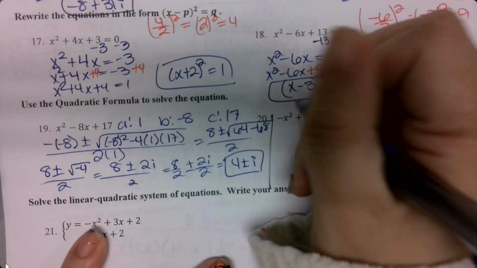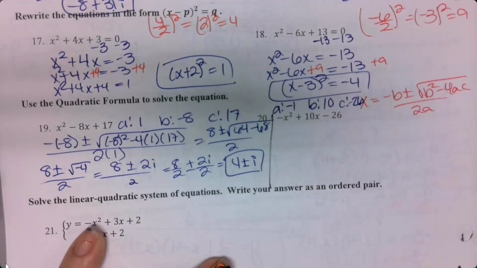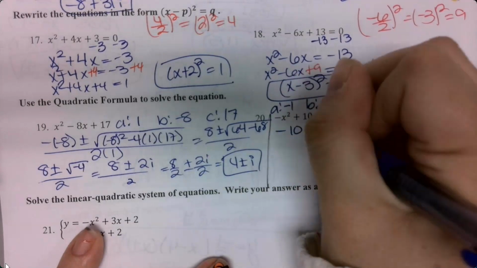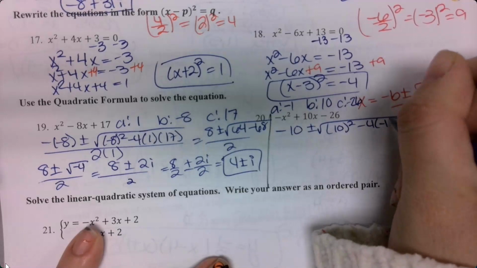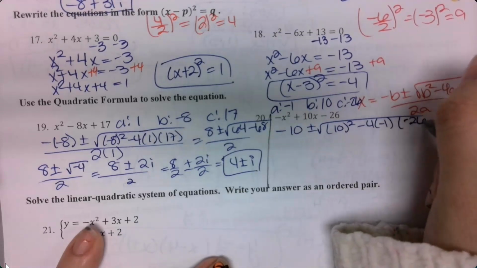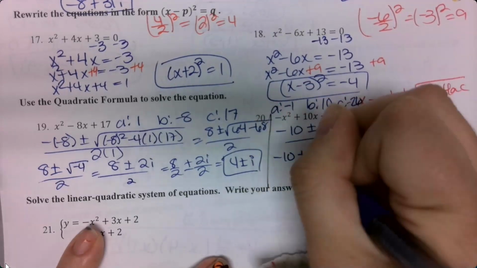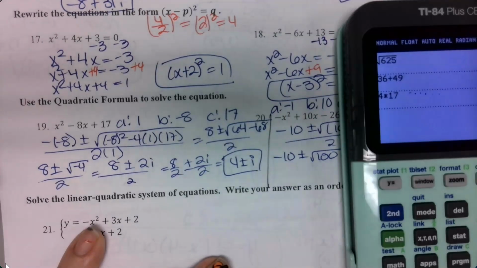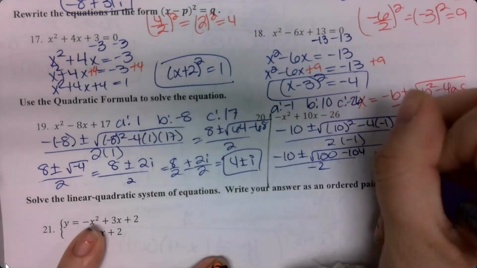Same thing for 20. My a is -1, my b is 10, and my c is -26. I'm going to go ahead and plug in. I have negative 10 plus or minus the square root of 10 squared minus 4 times my a times my c, over 2 times a. So I have negative 10 plus or minus the square root of 100 minus 4 times 26, which is 104, over negative 2.